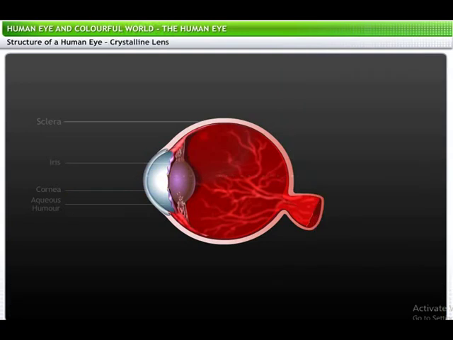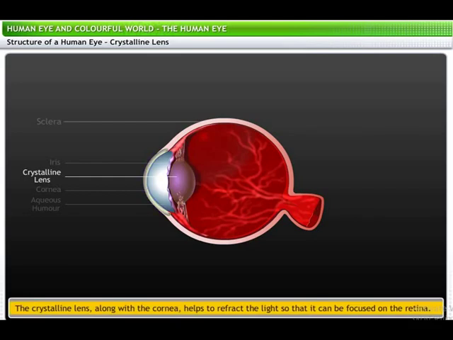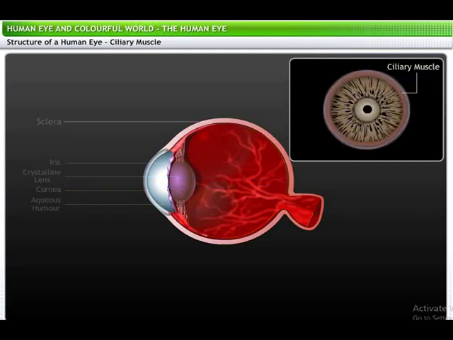The next part of the eye is the crystalline lens. The crystalline lens is a transparent biconvex structure in the eye, which, along with the cornea, helps to refract light so that it can be focused on the retina. The ciliary muscle is a ring-like structure attached to the iris.